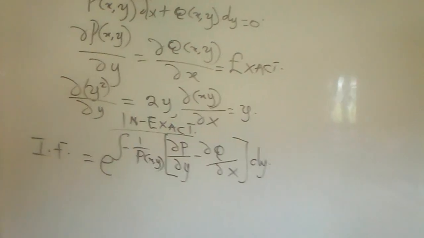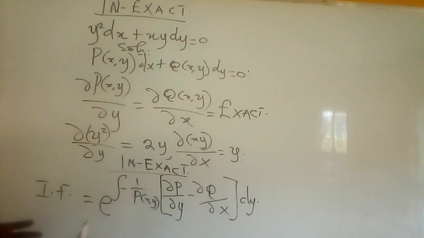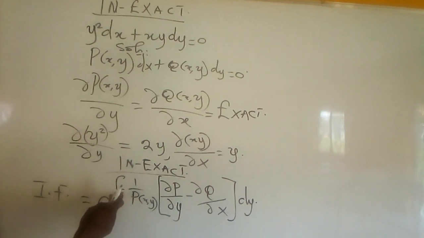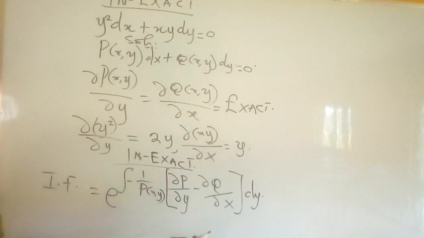This is the formula we are going to use. Of course, we can also use the other one where there will be no minus here, but dx, if the values are x variables.